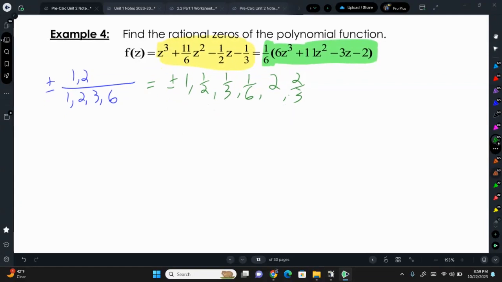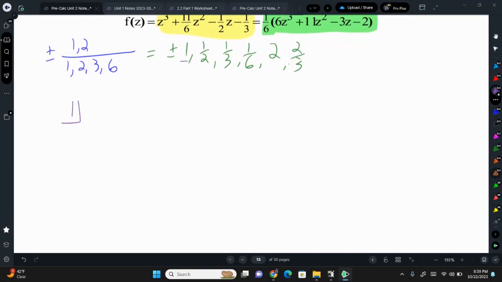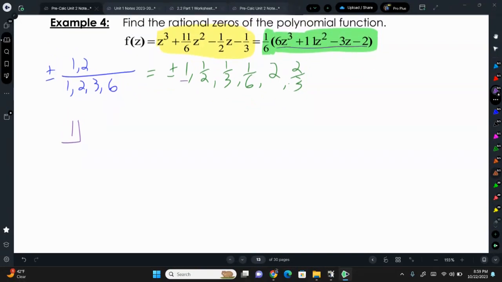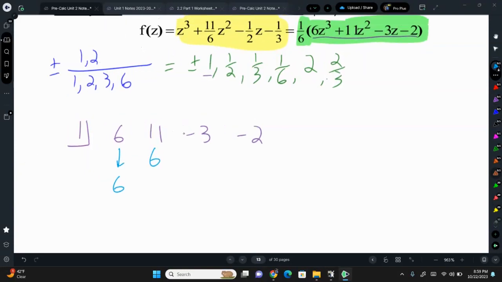And normally I would maybe use the graphing calculator, but I want to show you something that I mentioned on the first page. Let's divide by 1. So we divide by 1, and for our leading coefficients, we're going to use this one now. So 6, 11, -3, -2. Bring this down. 6 times 1 is 6. And when we add that, we get 17. 17 times 1 is 17.